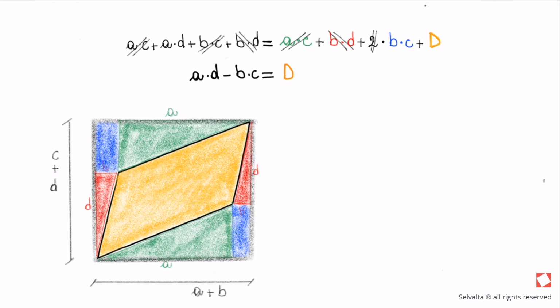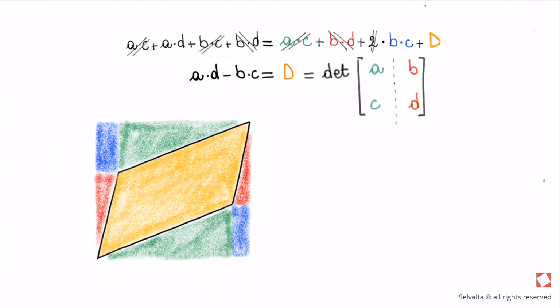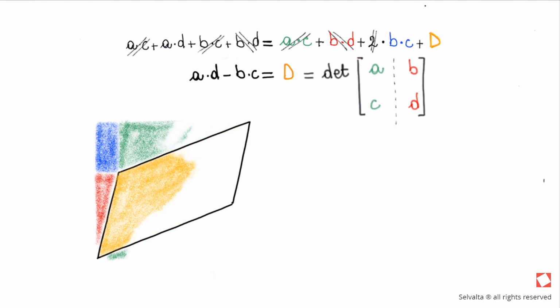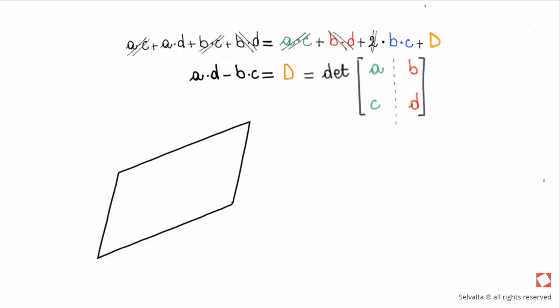We all recognize that this is the determinant of the square 2 by 2 matrix with first column A and C and second column B and D. Well, there is one more thing that I would like to stress out of this.